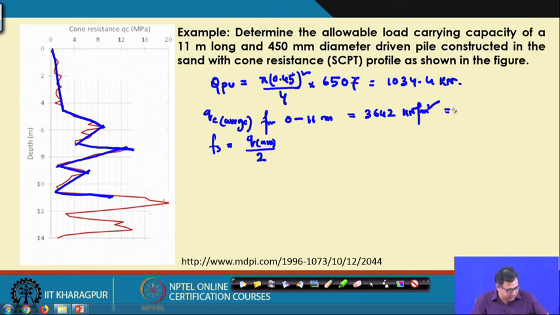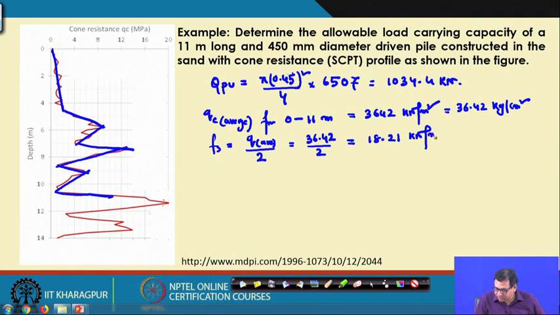If you convert it, divided by 100, it will be 36.42 kg per centimeter square. Now if I put this value, 36.42 divided by 2, this will give you 18.21 kilonewton per meter square.